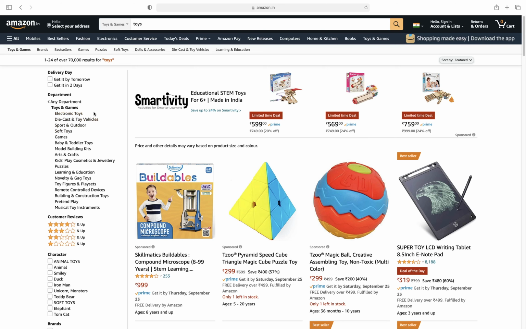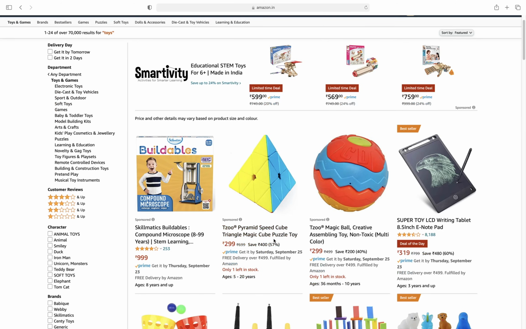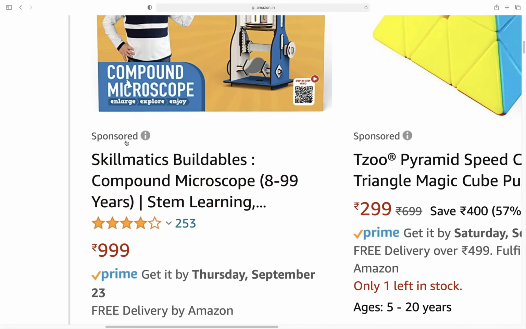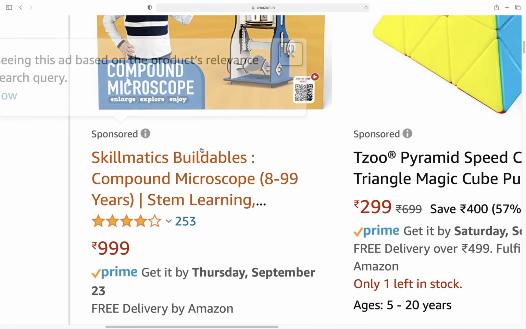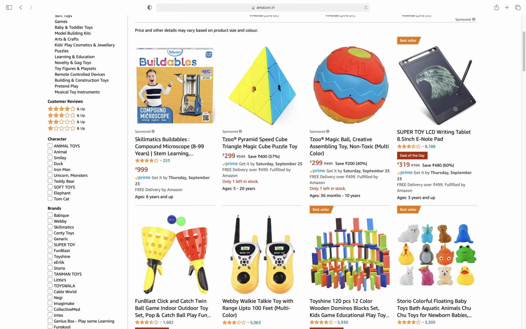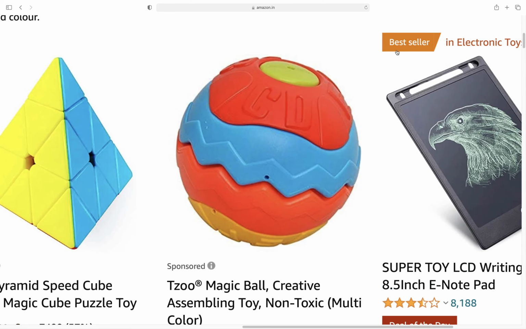If you go into each of these posts, there are sponsored ones. Here you can see a sponsored ad, so that's advertisement. Then you have the non-sponsored products, as well as some that are marked as bestseller.